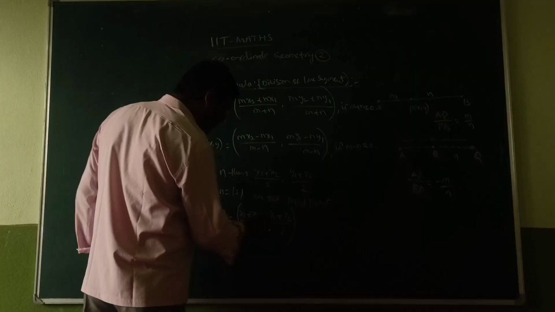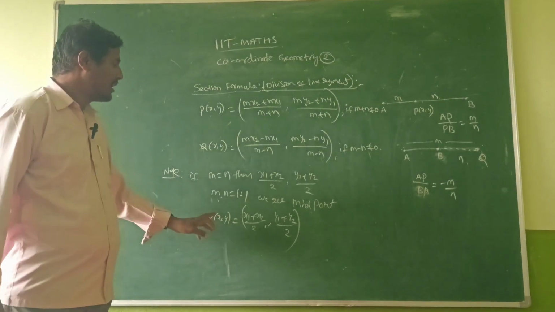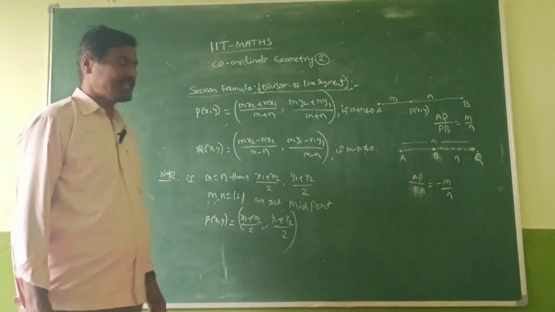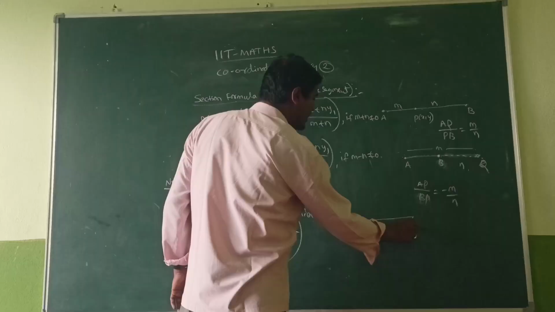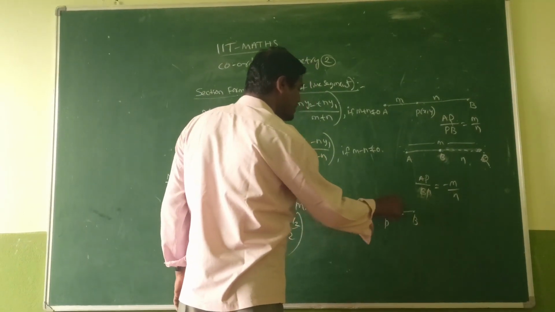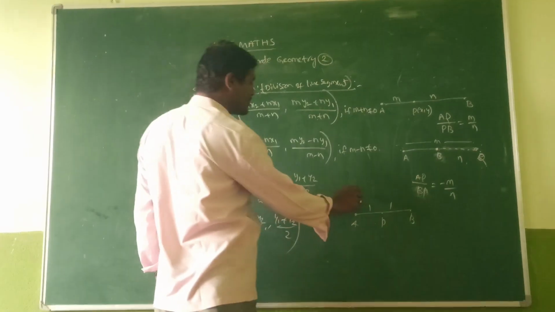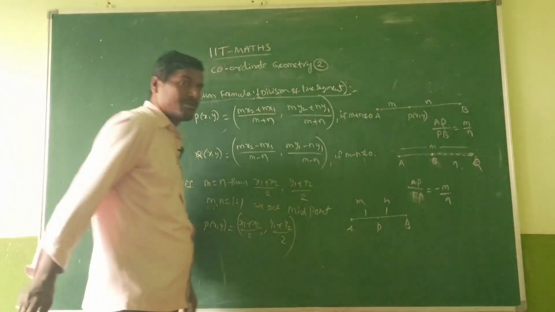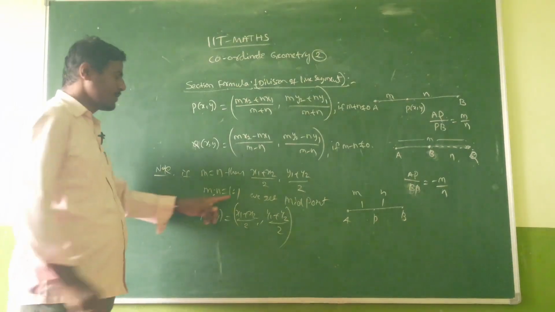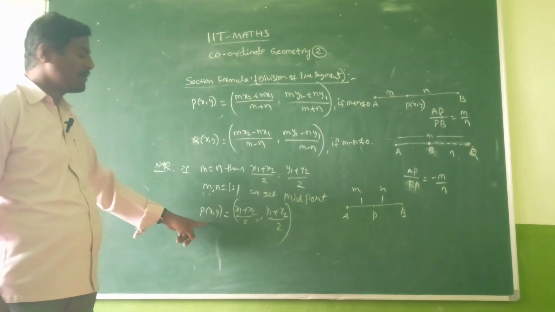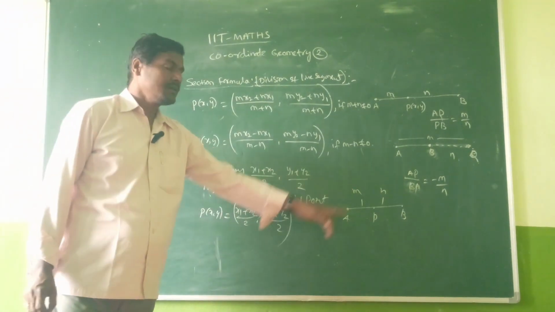This is the formula to find the midpoint of the line segment AB. This is a 1 is to 1 ratio, m equals n. So we get the midpoint of the line segment AB.